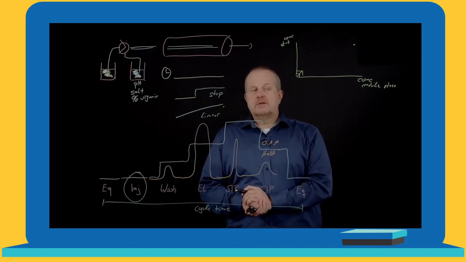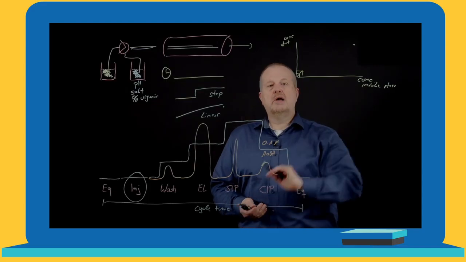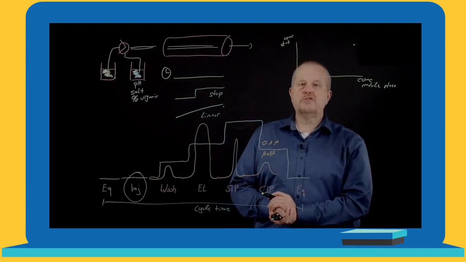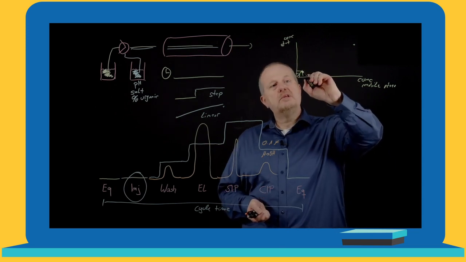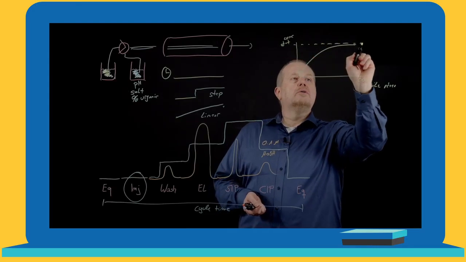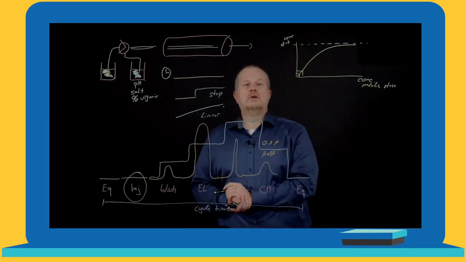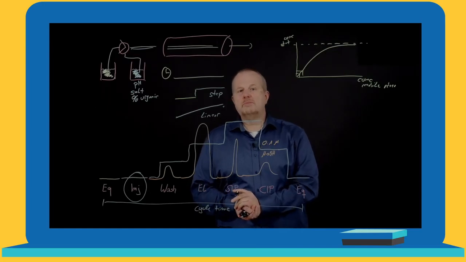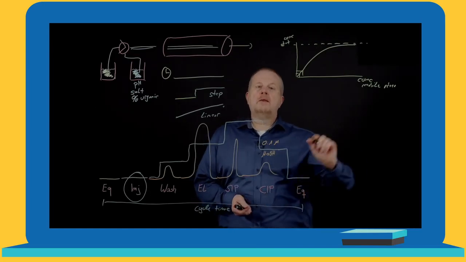And when we do that, so when we determine the loading at different concentrations of mobile phase, what we will see is that this flattens out. So we have a certain maximum capacity of our material to be separated.